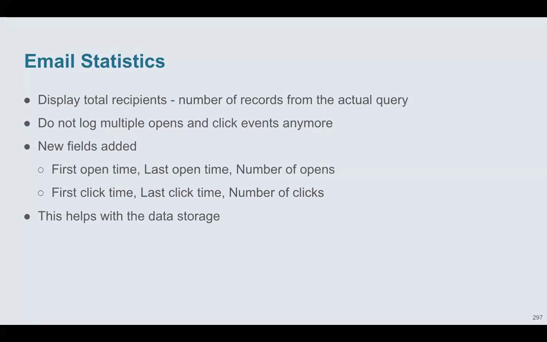If you have multiple clicks, you're going to see this information for each click event. So you're not compromising on which links have been clicked, since we're going to store that. Let's say you have 5 links in your email, you would end up seeing just 5 click records, and we're going to give you the number of clicks for each unique URL, and also the first and last click time for each.